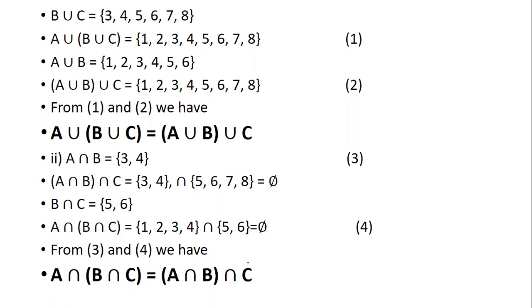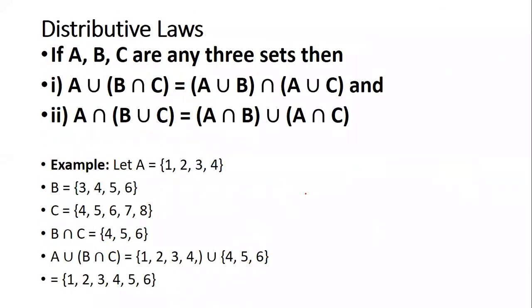Now, the last one is distributive law. The first one we saw was commutative law, then we had associative law, and now we have distributive law. In distributive law also we have 3 sets. I'll just tell you the law and tomorrow we will continue with the rest. When A, B, C are 3 sets, A union (B intersection C): here we have both union and intersection.